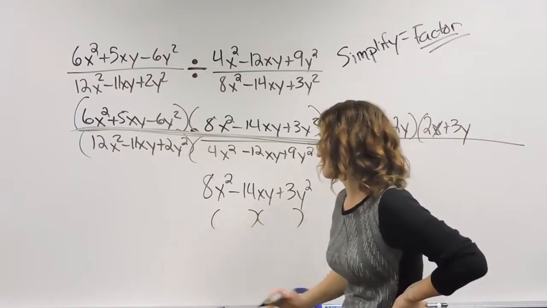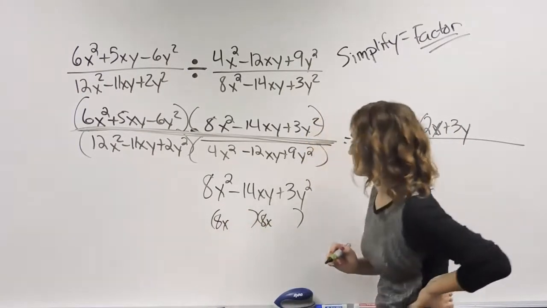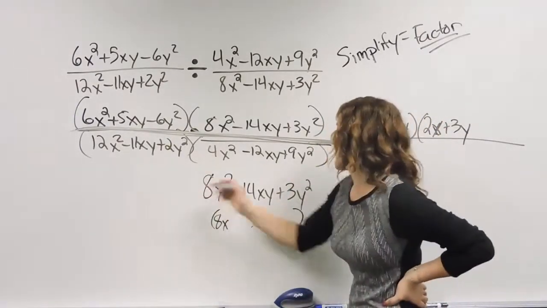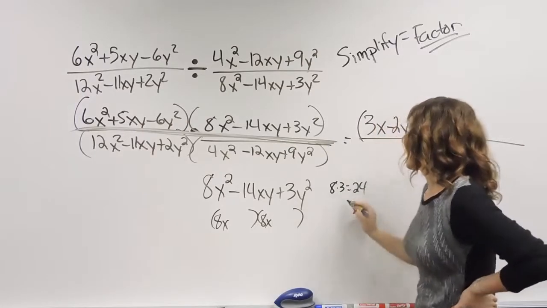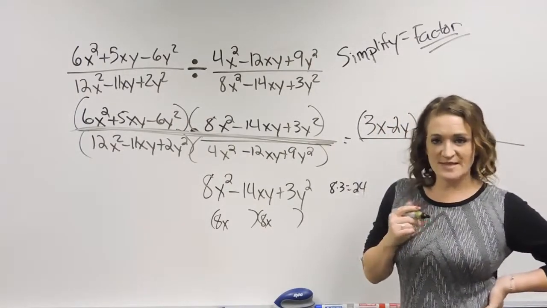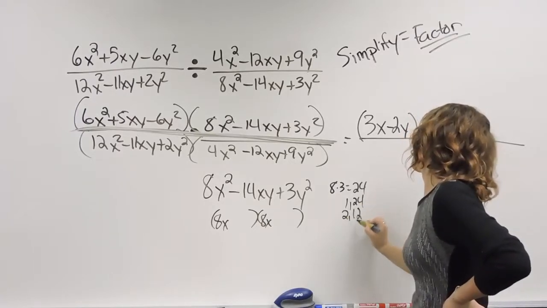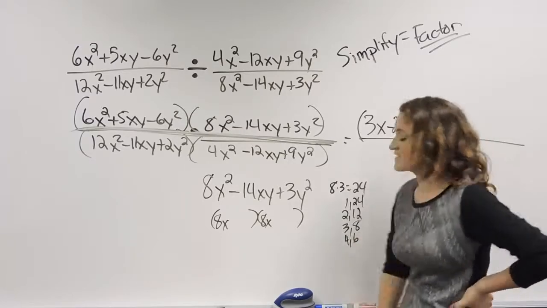So starting with my first term, we have an 8x and an 8x. First times last, so first number times last number, 8 times 3 is 24. So list everything that multiplies to get 24. 1 times 24, 2 times 12, 3 times 8, 4 times 6.